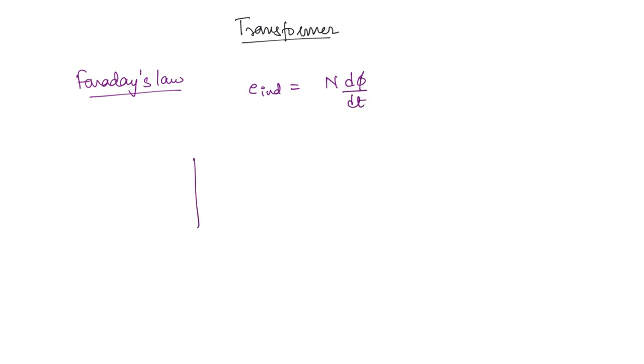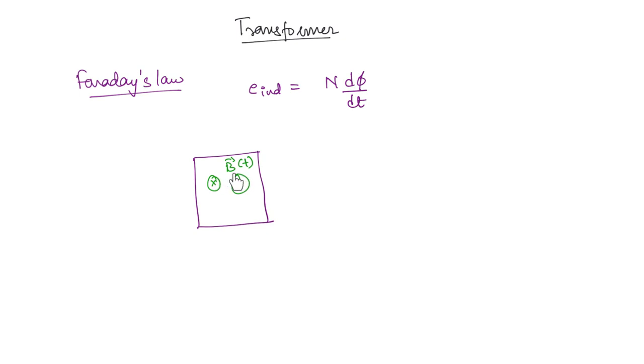So that means if you consider a loop like this, a conducting loop where presently there is no current flowing, let us say. Okay, now there is some magnetic field, time varying magnetic field, that is going into the plane. So we will mark it as B bar of t.